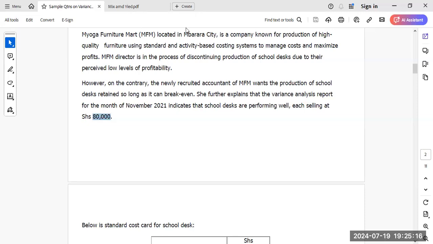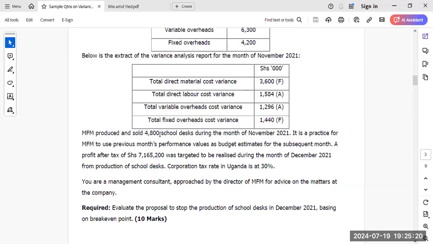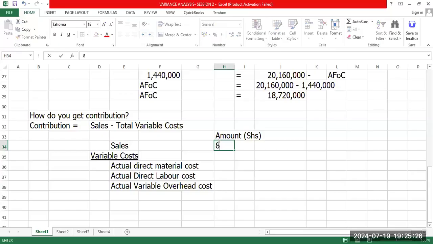So it means that we can get 80,000. We multiply by the number of school desks to get the sales. Here you get 80,000 times 4,800.